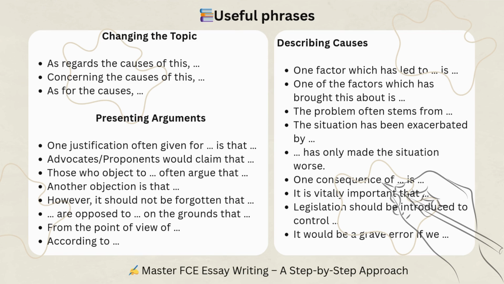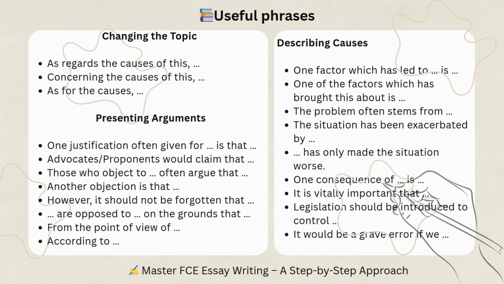When you're changing the topic or shifting focus, phrases like "as regards the causes of this" or "as for the causes" can help you guide the reader clearly. If you want to present arguments, you can say things like "one justification often given for." This way, it will show you can present multiple sides of an issue.